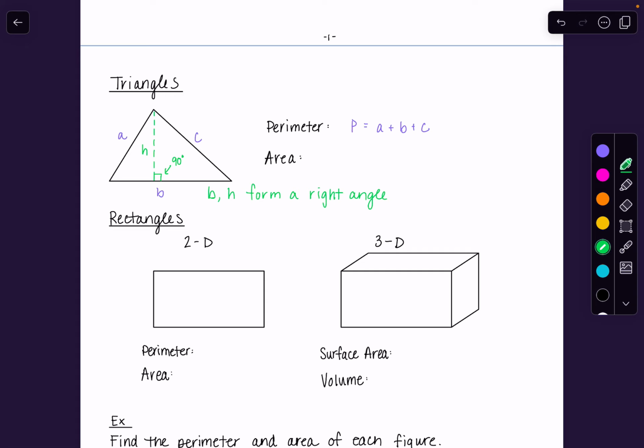So it forms a sharp corner. So the area is going to depend on these two particular sides that form the 90-degree angle. So here our area is going to be 1/2 B times H. You can think of it as 1/2 the base times the height. So those are the two most important things in a triangle.